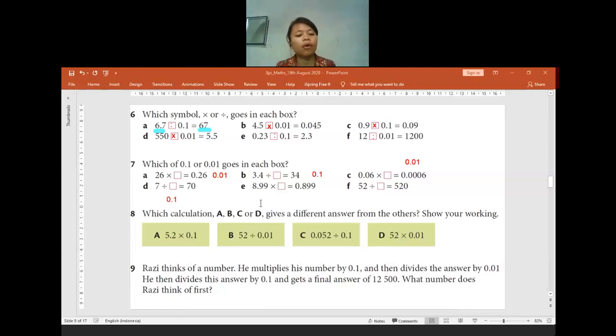For question E, from 8.99 into 0.899, we can check how many decimal places there are. In question E there are 2 decimal places, but the answer has 3 decimal places. From 2 into 3, the difference is only 1. That's why the answer will be 0.1. And then for question F, from 52 into 520, we need to divide it by how many? 0.1.